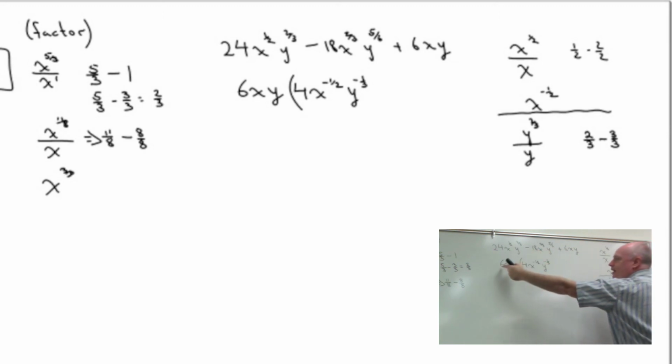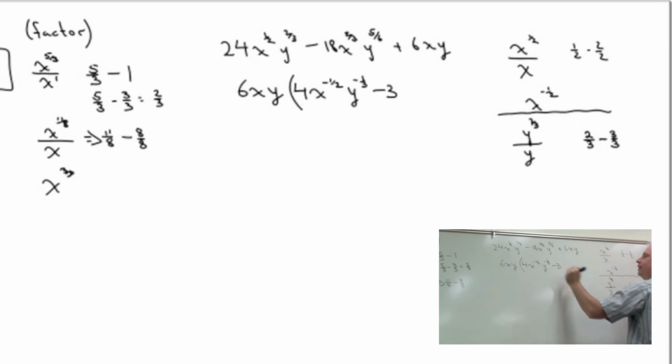Negative 18 divided by positive 6. Negative 3. X to the 2/3 divided by x. Well, that's the same thing as y to the 2/3 divided by y. So that'll be x to the negative 1/3. And then y to the 5/6 divided by y. All right, let's see here.